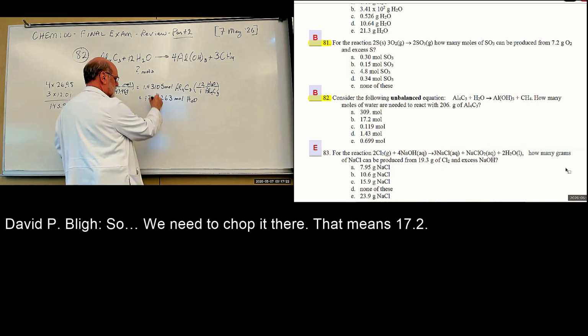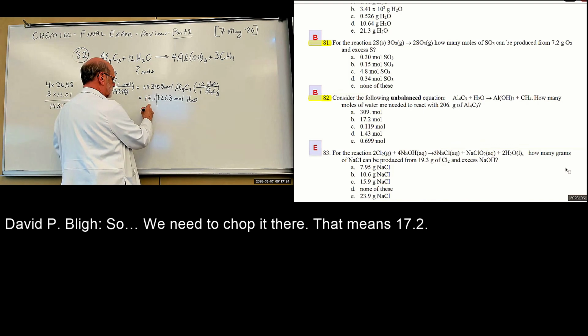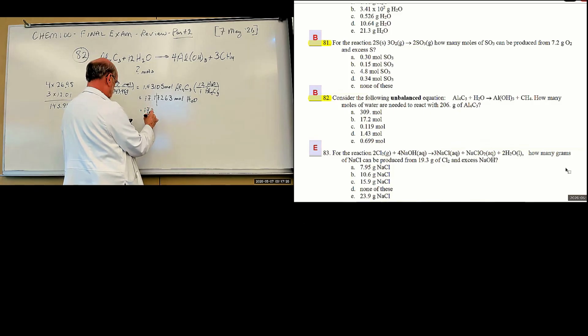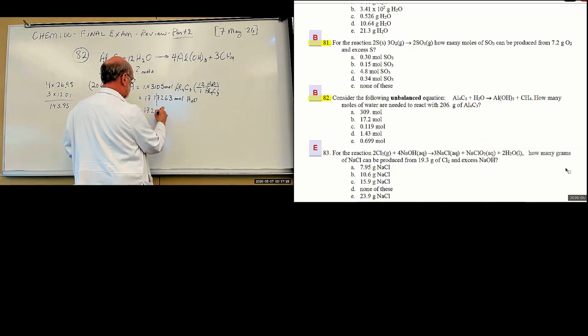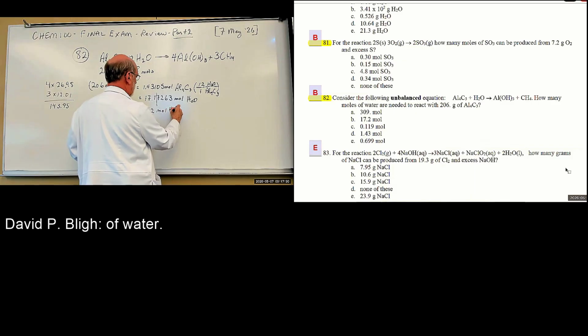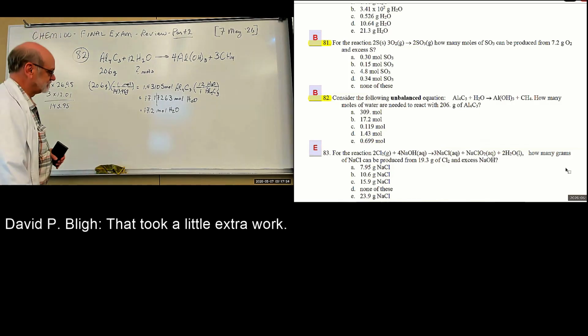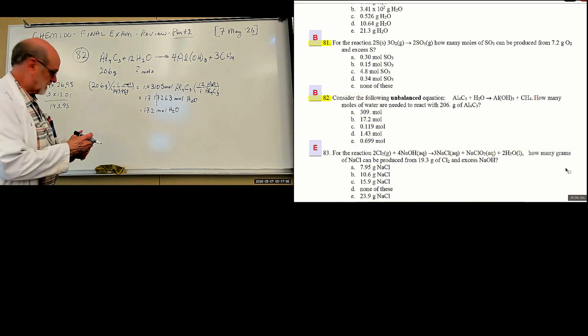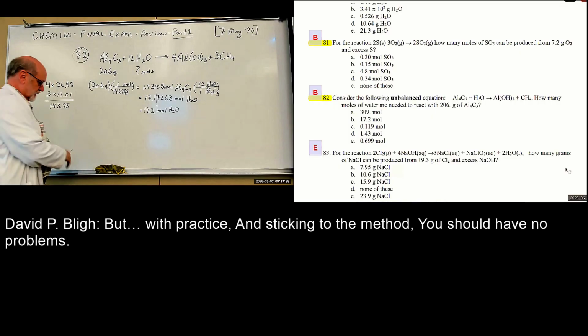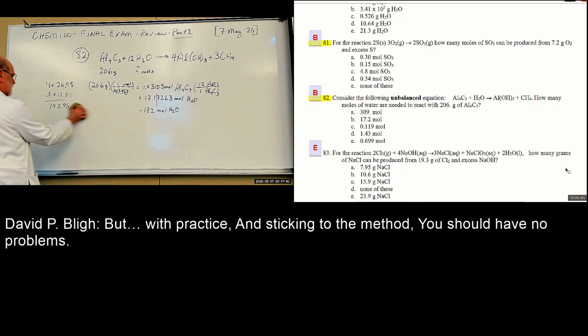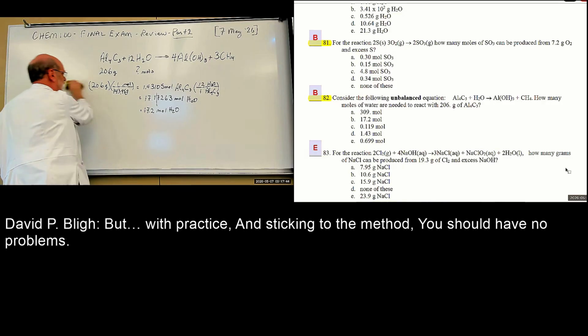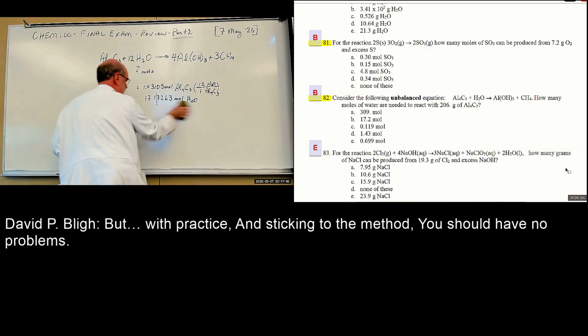So we need to chop it there. That means 17.2 moles of water. That took a little extra work, but with practice and sticking to the method, you should have no problems.